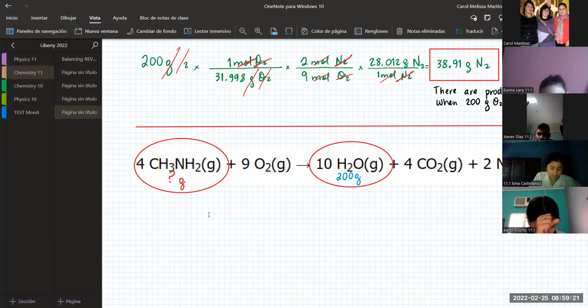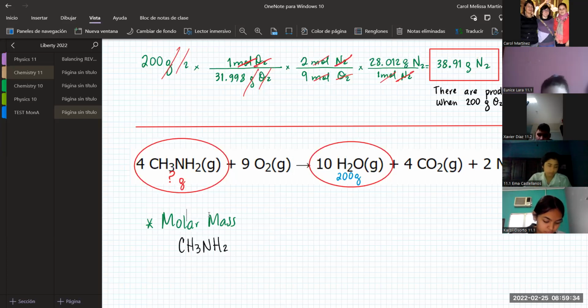So let's see. Molar mass step is first substance, CH3NH2. In total, what you can do is count the number of atoms of each.